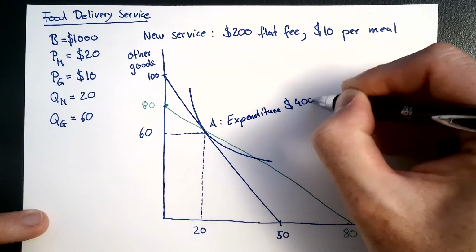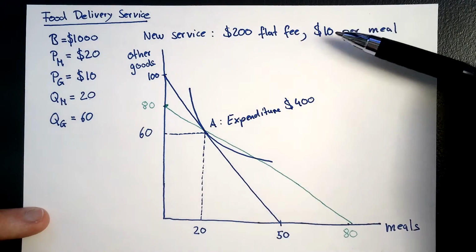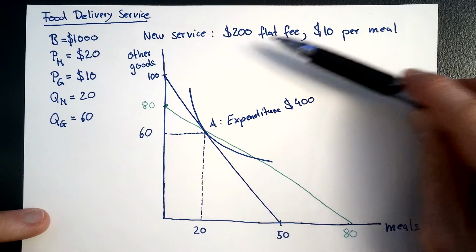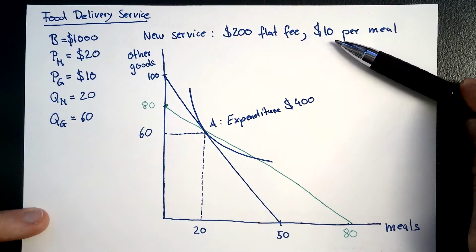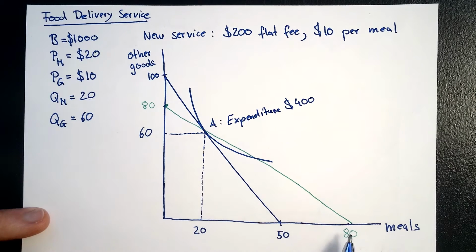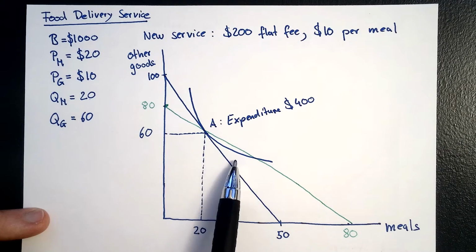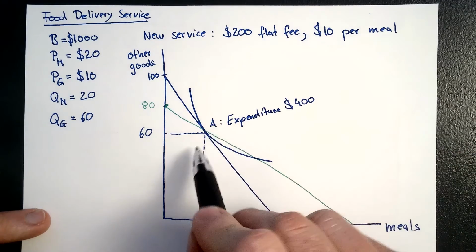Now note that since the flat fee is $200 and the cost per meal is $10, the new budget constraint is such that this old bundle exactly costs $400 under the new budget constraint.